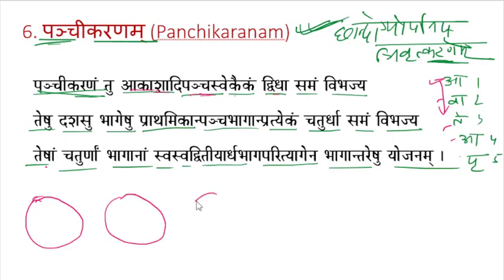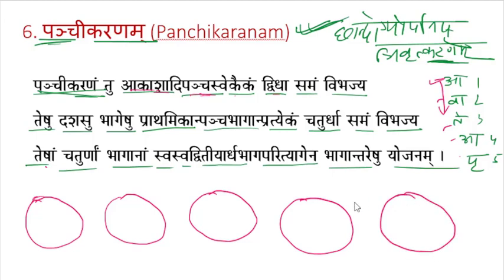2, 3. The circle is not so round, but it's okay. You can understand; it is visible on screen. Ekekam, one by one. First I am taking this one, Akasha. This is Vayu, this is Tejas, this is Apas, this is Prithvi.